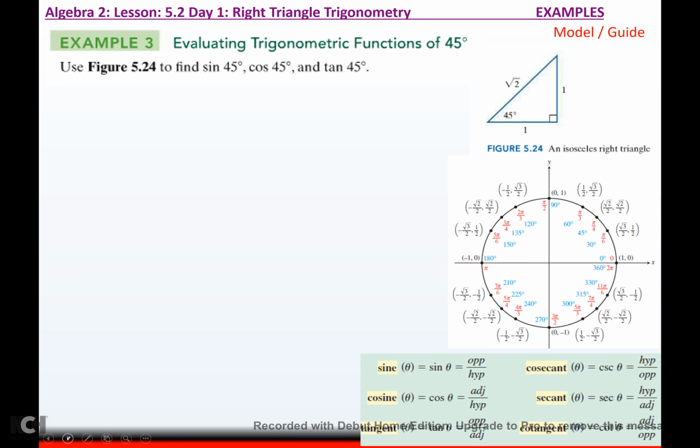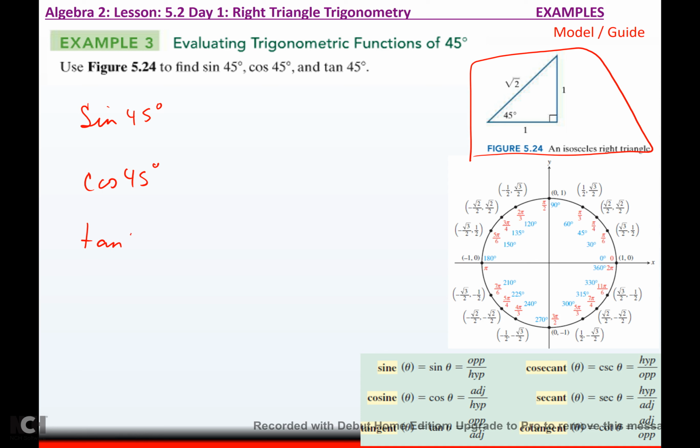All right, so it says use figure 5.24, which is this. They don't want you to use the unit circle yet, but I'm going to keep showing you, to find sine 45, cosine 45, and tan 45. If we use the triangle, we're standing at the 45-degree angle. So sine would be opposite, which is 1, over hypotenuse, which is the square root of 2. Cosine of 45 degrees would be adjacent, which is 1, over hypotenuse, which is the square root of 2.